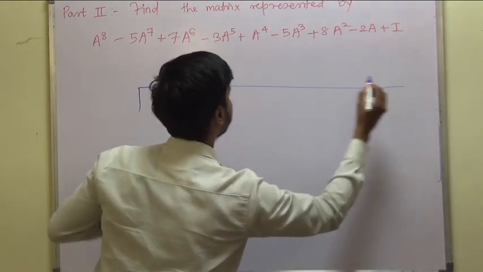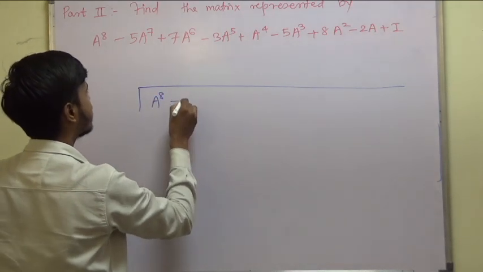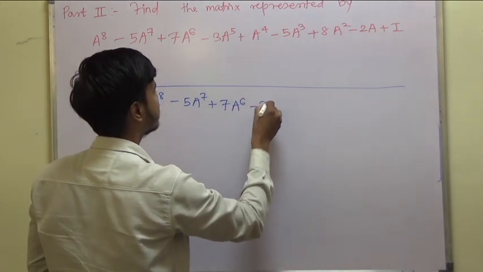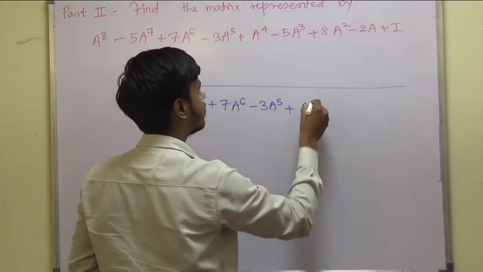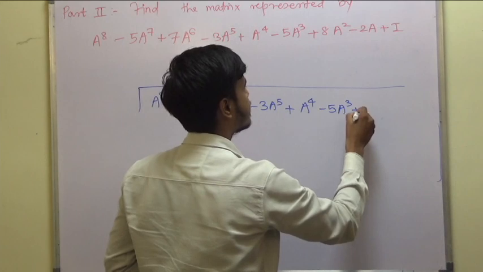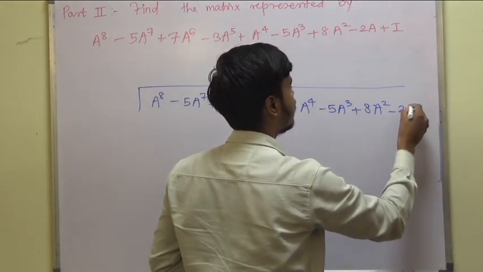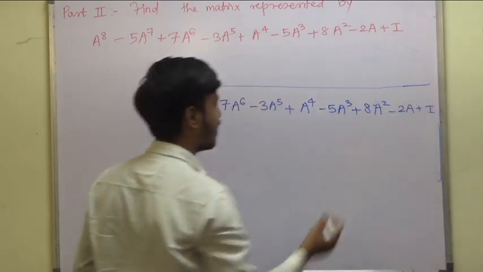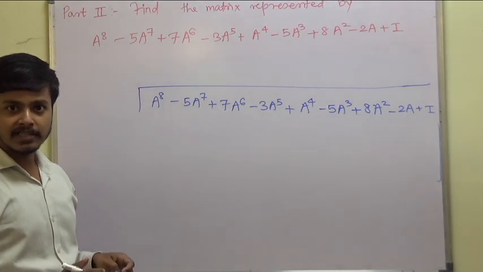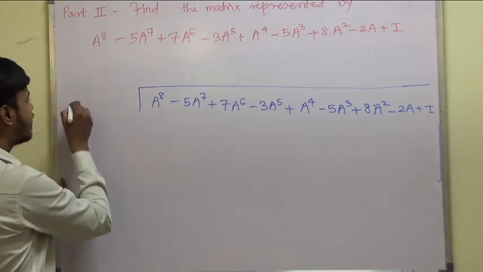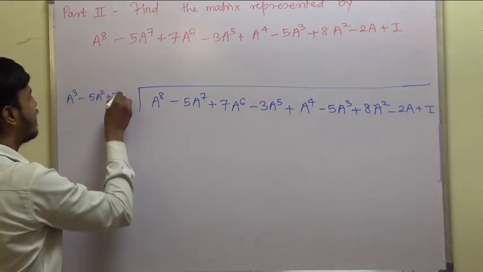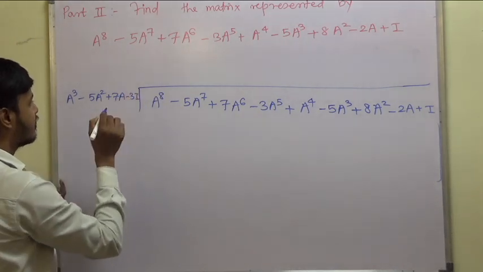So let me write it again: A to the power 8 minus 5A to the power 7 plus 7A to the power 6 minus 3A to the power 5 plus A to the power 4 minus 5A cubed plus 8A squared minus 2A plus I. Okay, and from the Cayley-Hamilton theorem, we have the characteristic equation satisfied by matrix A. What was that? A cubed minus 5A squared plus 7A minus 3I. Is it?